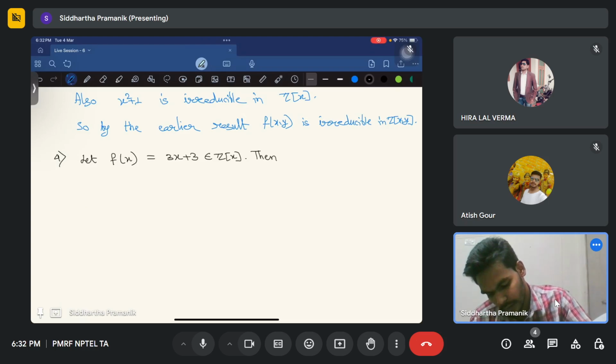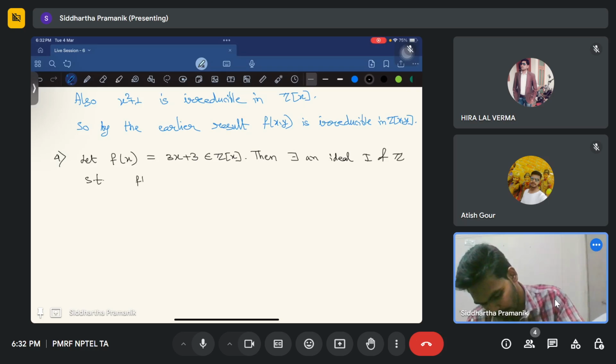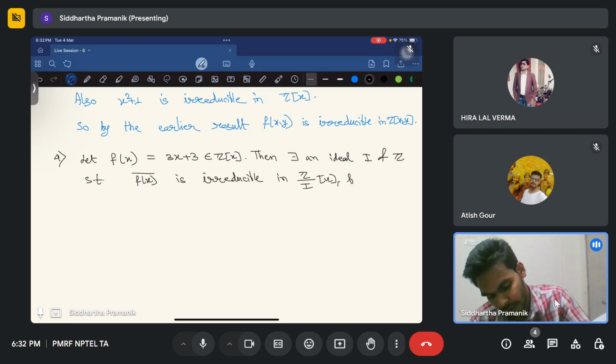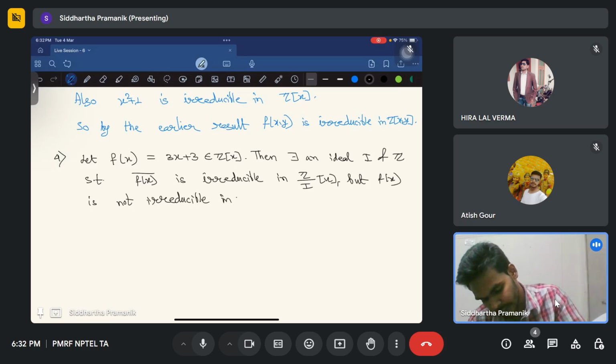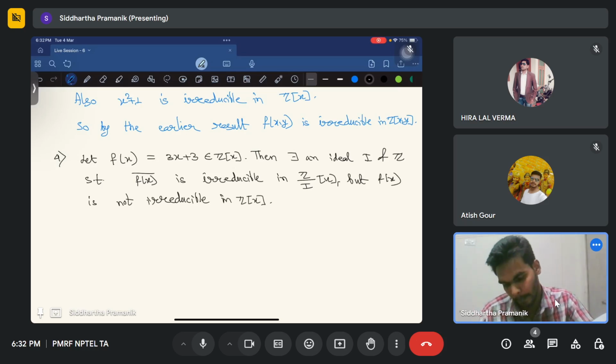Then there exists an ideal I of Z such that f(x) bar is irreducible in (Z mod I)[x], but our f(x) is not irreducible in Z[x]. So can you see why f(x) is not irreducible?